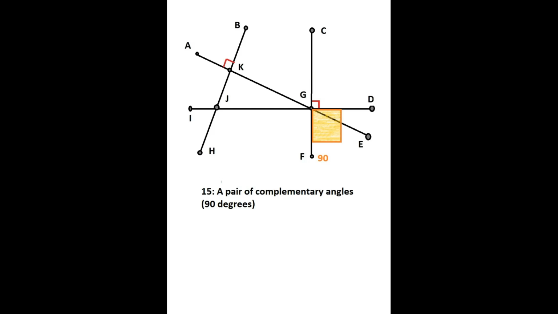If this whole section is 90 degrees, then that means the two angles in that section have to add up to 90 degrees. So we have angle FGE, and we also have angle EGD. All right? And these two angles together add up to 90 degrees, so that means that they are complementary. All right? And it's that simple.